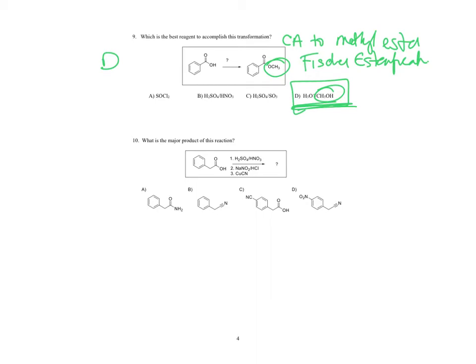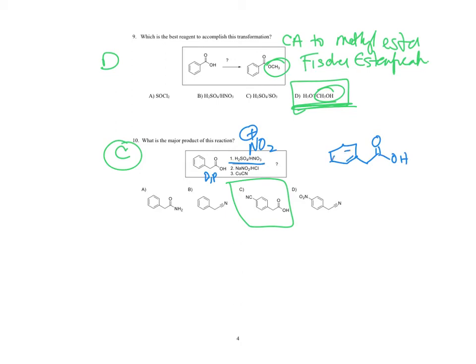Number 10, the answer is C. So if you do this reaction here, the first thing you do is you nitrate this ring, and this is going to be an ortho para director. So that would put the nitro group there. The second thing you do is you make the diazonium salt.